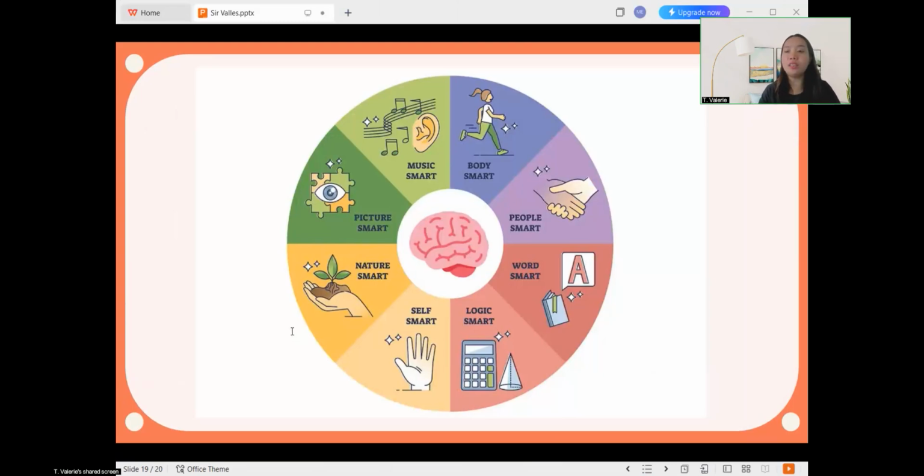Now let's have linguistic intelligence. From the word linguistic, it is about language. So when we say linguistic ability, it is the ability to think in words and use language to express and appreciate complex meanings.